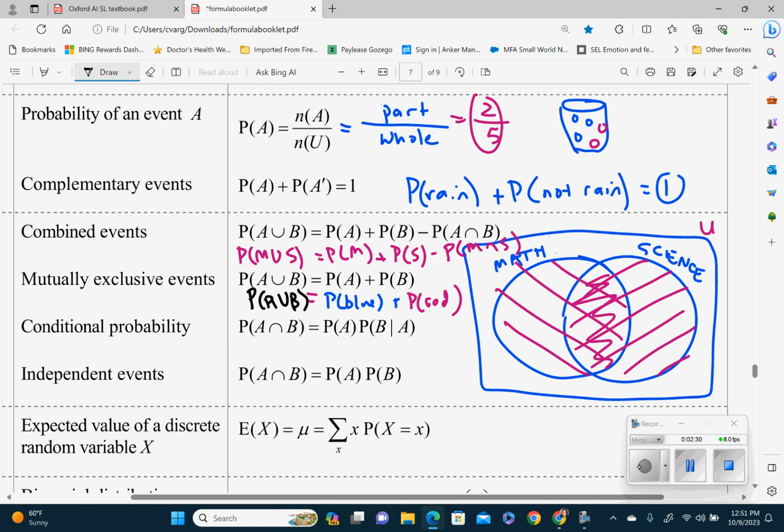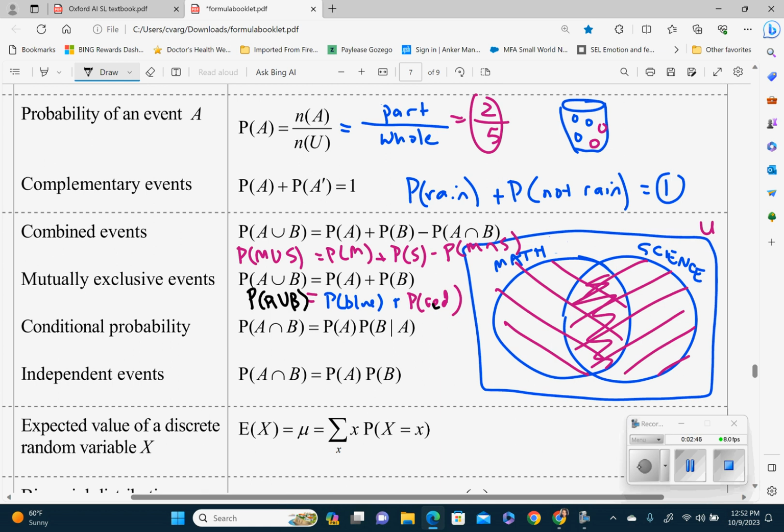Because one doesn't have anything to do with the other, and there's no marble that can be blue and red. It just has to be one or the other, okay? So this is if they are mutually exclusive, which means that one has nothing to do with the other.